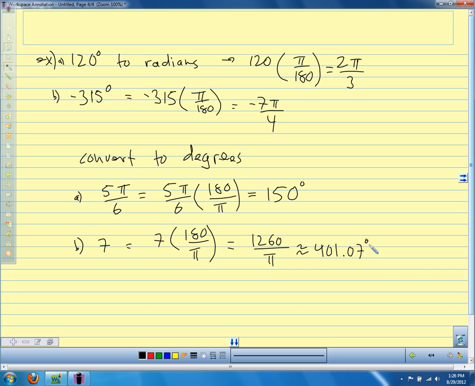So all the way around the circle is 360, so we've gone around 401. Seven radians is 401 degrees.